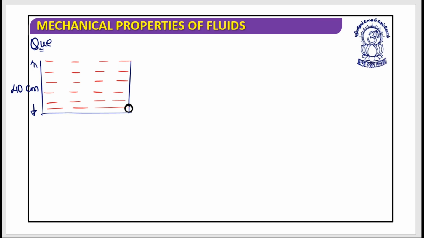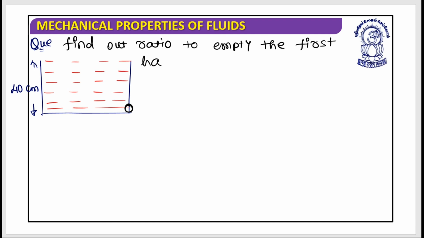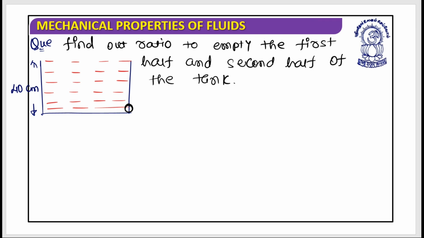They will say to find out the ratio of the time to empty the first half and the second half of the tank. We need to find out the ratio to empty the first half and second half of the tank.